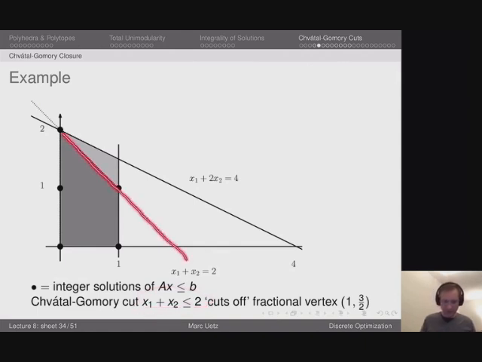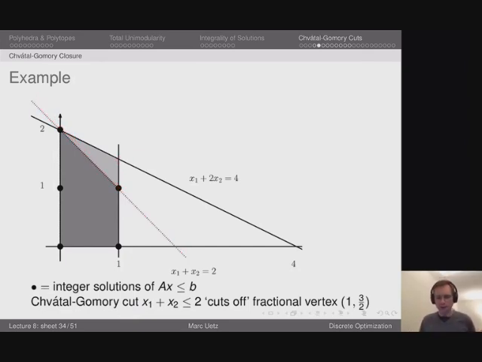That is this constraint here, which I have obtained by combining the two original constraints, each with a fraction 1/2 and rounding down the right-hand side. So what this so-called Chvátal-Gomory cut actually does is it cuts away this non-integer vertex of the original description.